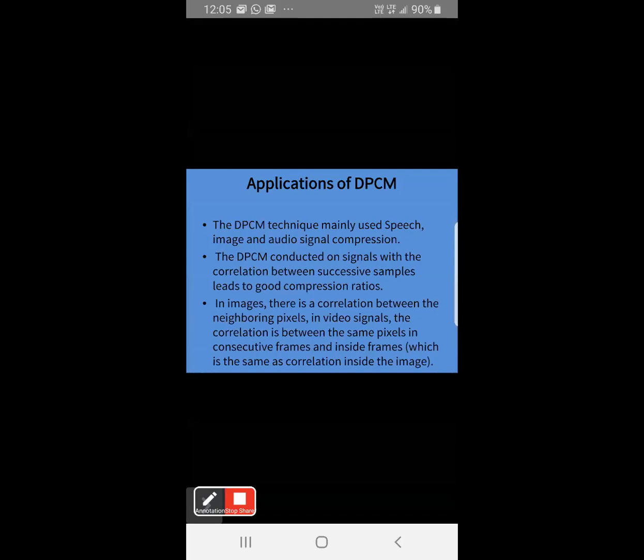Okay, and in images there is a correlation between neighboring pixels. In video signals, the correlation is between the same samples in consecutive frames and inside frames. That means if the same pixels are obtained whenever encoding, then you can use DPCM to reduce the redundant bits in the same samples.